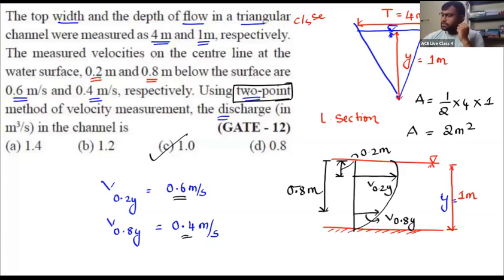Okay. So for better understanding of that, I will show you one more problem based upon this model. This is a 2 marks question in GATE 2012 and a simple problem only.